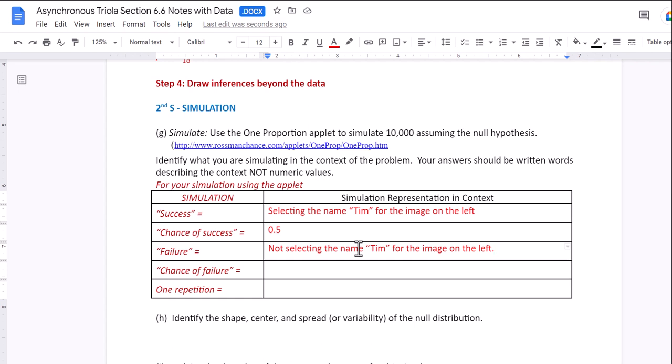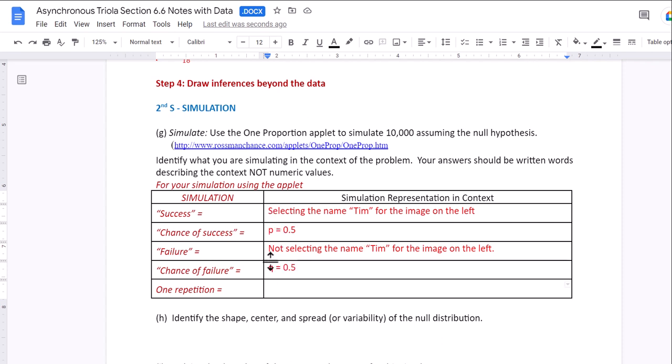So doing the complement rather than listing what the other option is is better, right? In this case, for failure, we could say selecting the name Bob for the image on the left. And that still says the same thing, but my point is that if you had more options, so if you had 4 names to choose from, it's easier to say success is selecting the name Tim for the image on the left, and then failure is not selecting the name Tim, so the complement of the success. And the chance of failure, because there are only 2 things in this case, will still be 0.5.